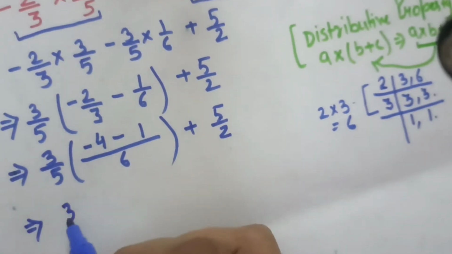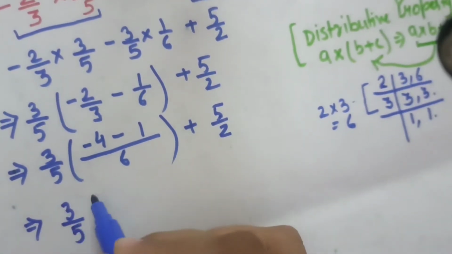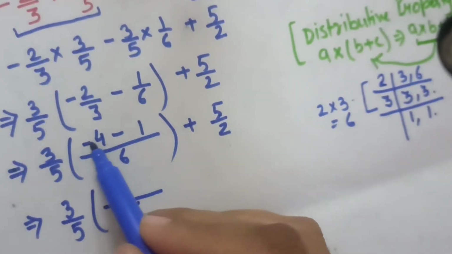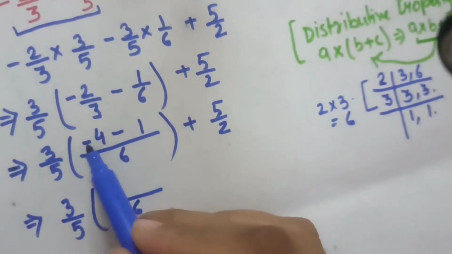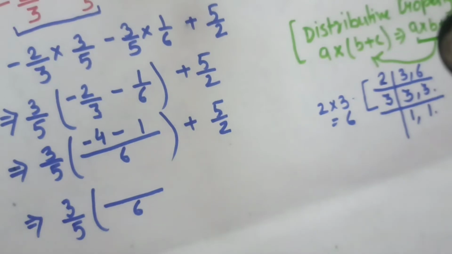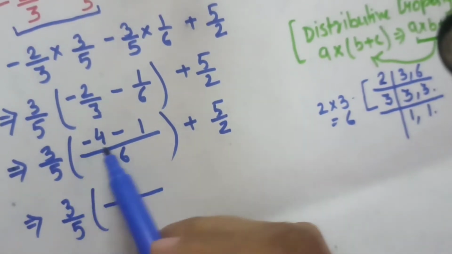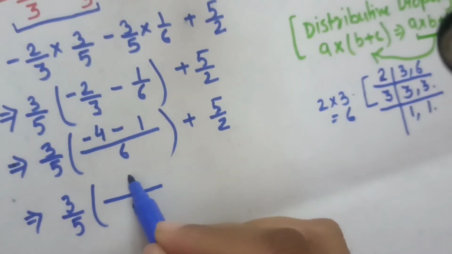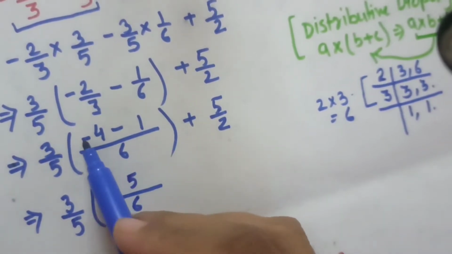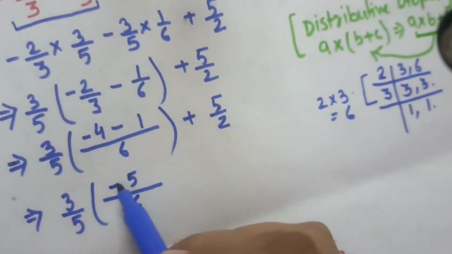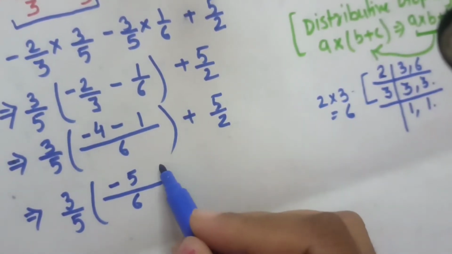Now -4 and -1, because both are of the same sign, we will get the result as the addition of these two numbers, that is 4 plus 1 is 5. Because both numbers have a minus sign in front of them, the result will also be -5.